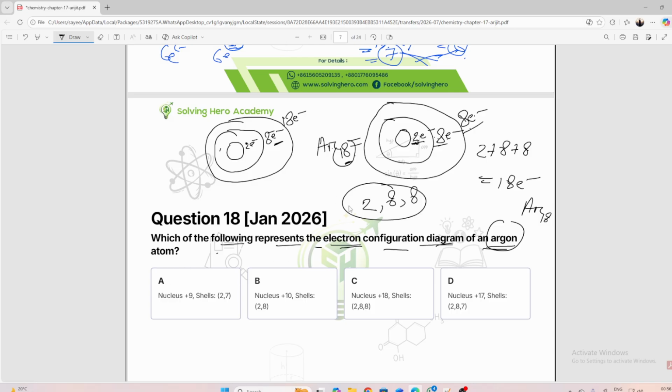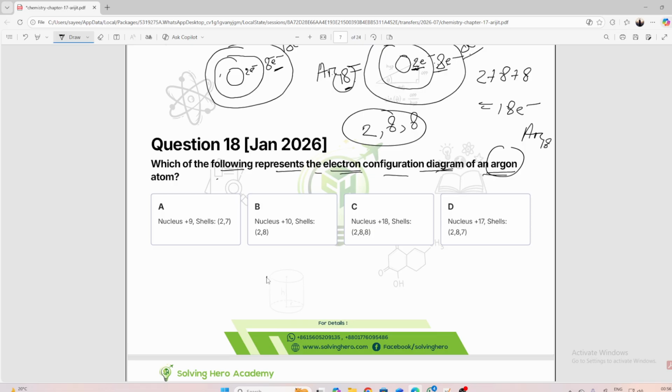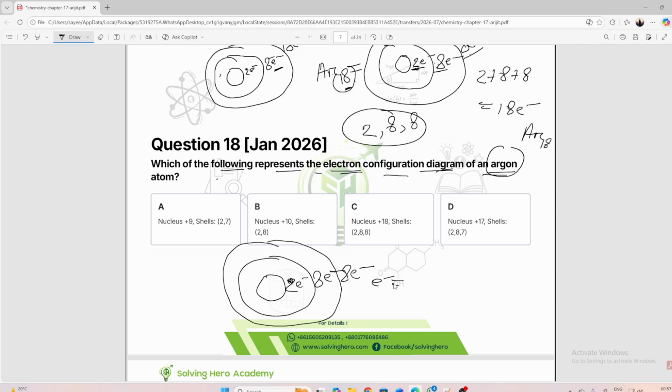Here is a fact: argon has 2, 8, 8 electrons, so it has 18 electrons. We already know that in an atom the electron number and proton number are the same. So it has proton number 18, because if an atom has 18 electrons, it has 18 protons.